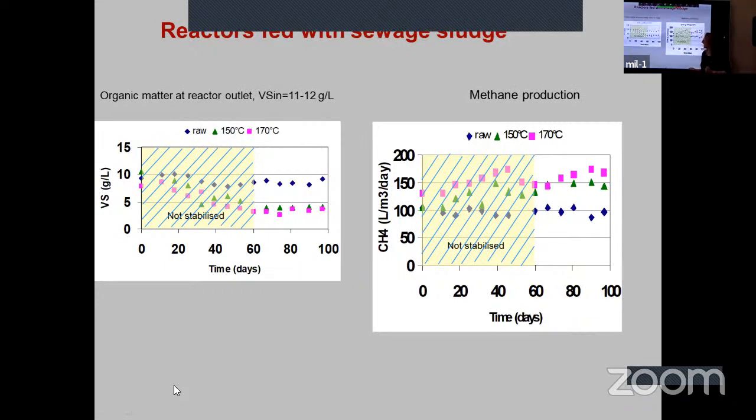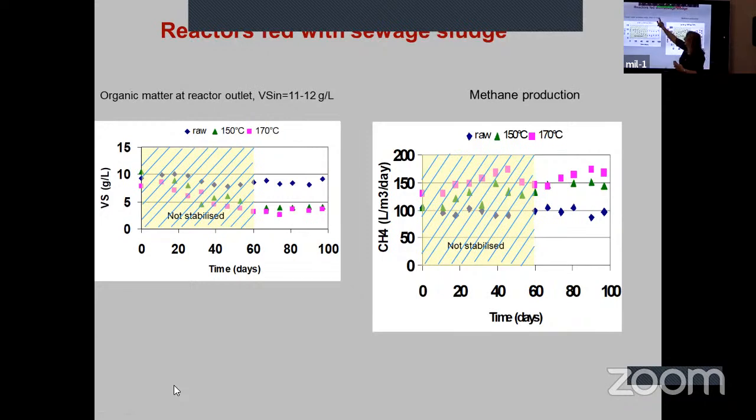On the left hand, it is the organic matter as a function of time, and the blue points are the concentration of the substrate. Sorry, I made an error.